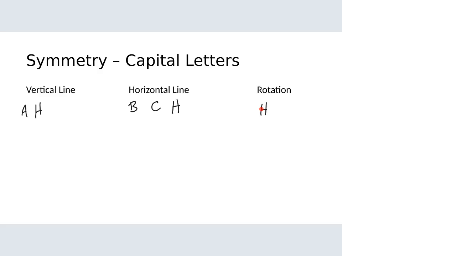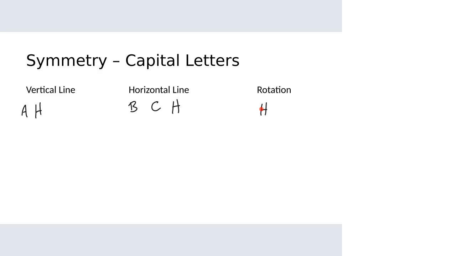You could keep going with this and do as few or as many letters as you wanted to. I wanted to do enough that we got the idea and see at least one that fits into each category. But in the big picture, I think we're doing pretty good with our study of symmetry.